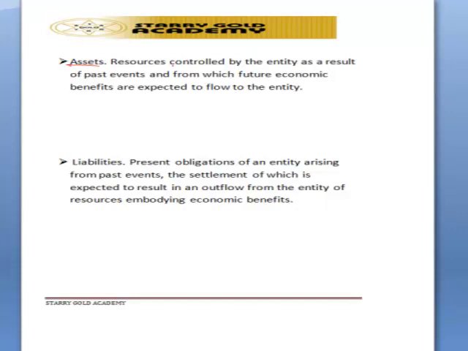Now look at the word control. They must be controlled by the entity as a result of past events, and from which future economic benefits are expected to flow to the entity. These are the basic elements when you are defining an asset. This is what makes an asset an asset.